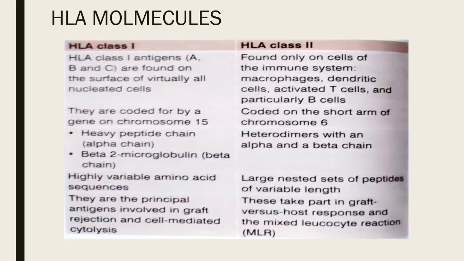HLA class 1 is coded for by a gene on chromosome 15, and class 2 is coded on the short arm of chromosome 6.